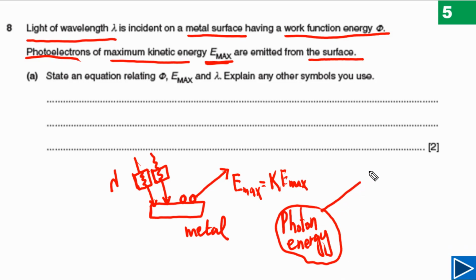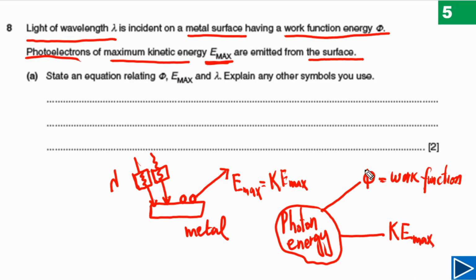First of all, this is used to release an electron from a certain atom. This is the minimum energy, and this is called work function. So we can also write down here, this is work function, the minimum amount of energy required to release an electron from a certain atom or from a certain metal. And the remaining energy is converted into kinetic energy of the photoelectron, the kinetic energy maximum of the photoelectron.